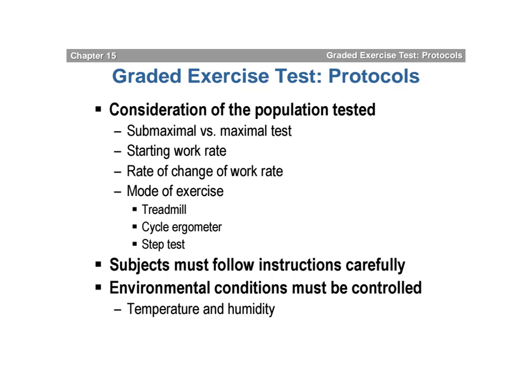And again, you'd end the exercise at some preset level of heart rate or work rate value, particularly if it's a submaximal test. Of course, the subject must follow instructions carefully. And environmental conditions should be controlled very carefully, paying particular attention to temperature and humidity.